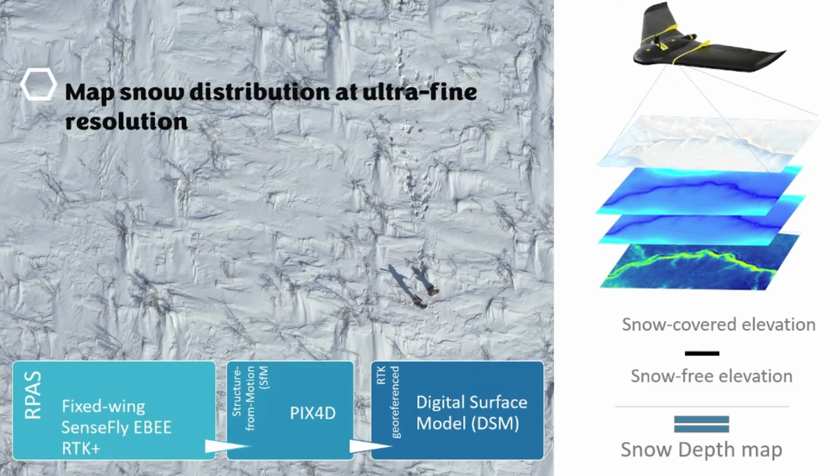We did this in March of 2022, and we incorporated RTK surveyed ground control points on the snow surface to produce a highly accurate digital surface model of the snow surface elevation. To calculate snow depth from this, we simply need to subtract a snow-free elevation, which we produced using a similar eBee drone in September of this past year.